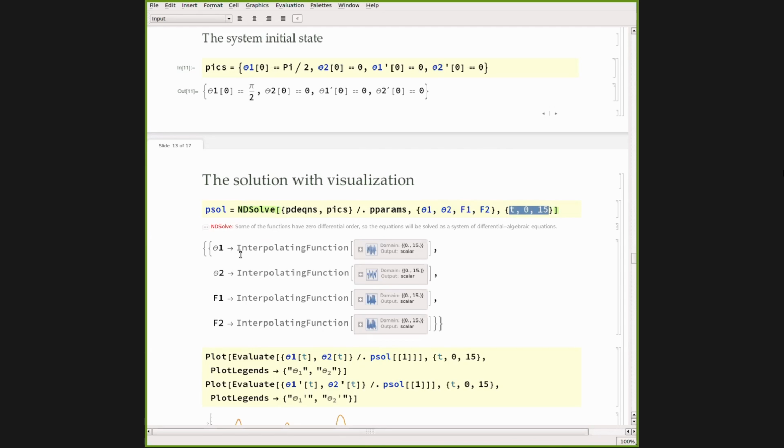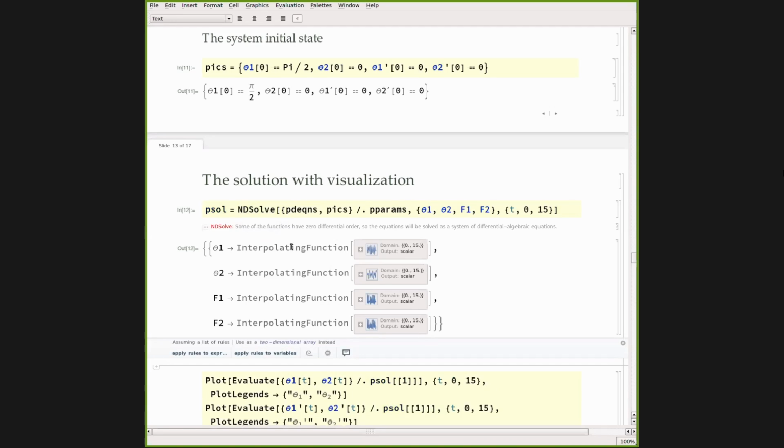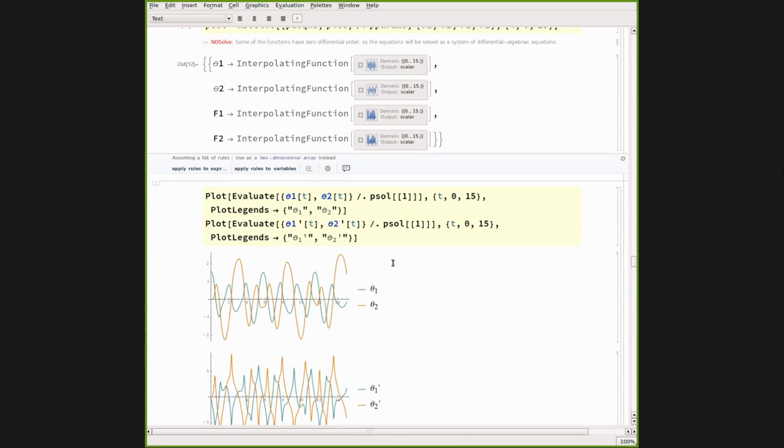Okay, so you see that we obtain as a result the interpolating function for each of the dependent variables. What we can do next is just plot these values. Here I have plotted only 2 of them, θ1 and θ2, and velocities θ1 prime, θ2 prime.